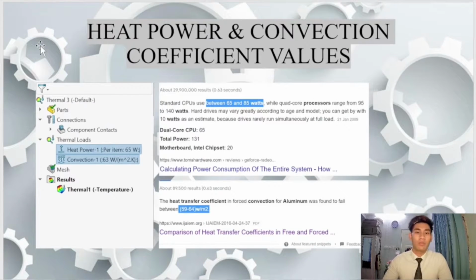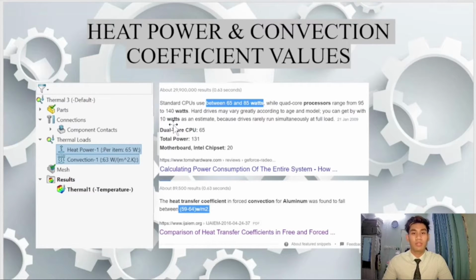First one, we look at the heat power and convection coefficient. In this case, for design 1 and design 2, we are using the same material which is aluminium. So it will have the same heat power and convection coefficient values. For the first one, heat power, we use 65 watt.